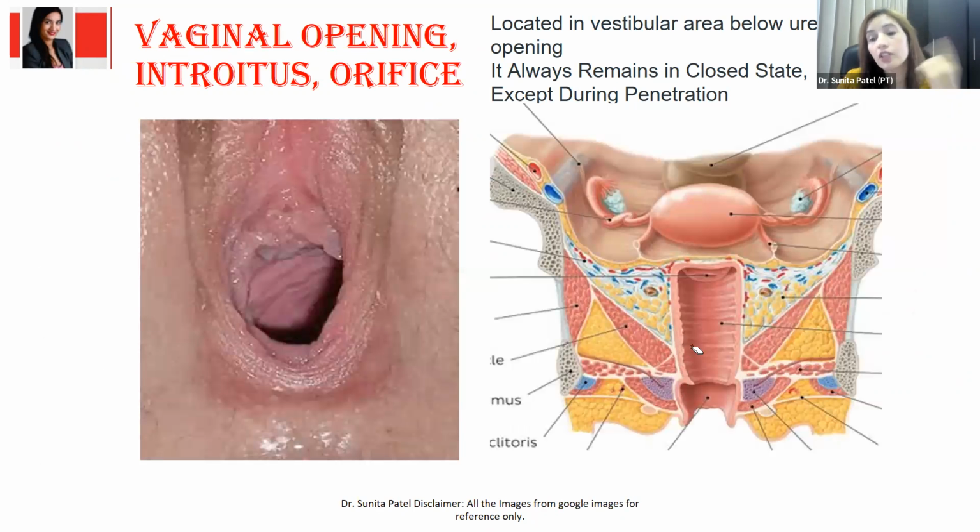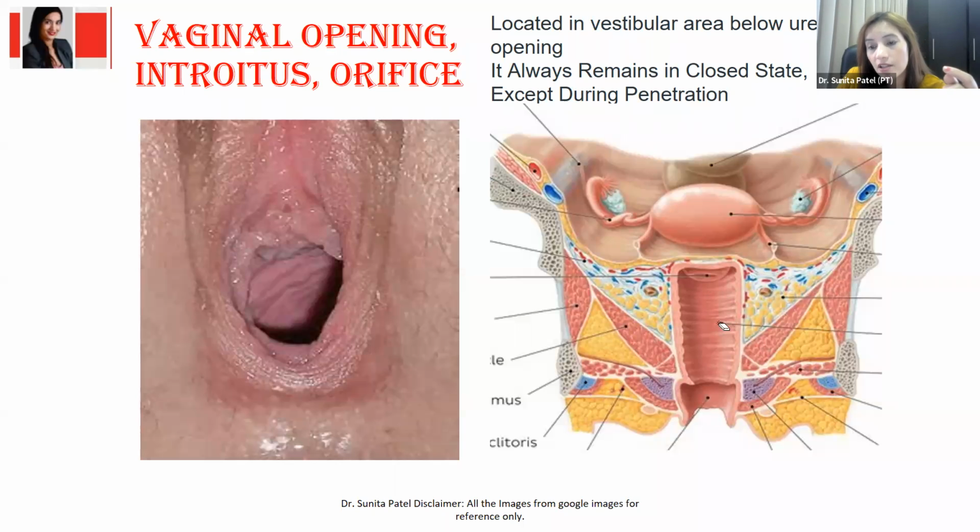Similarly, we have another organ inside, the uterus, and the uterus has a canal, the vaginal canal. The vaginal canal has a mucus layer, and the mucus layer has round circular lumps, ring-like structures.